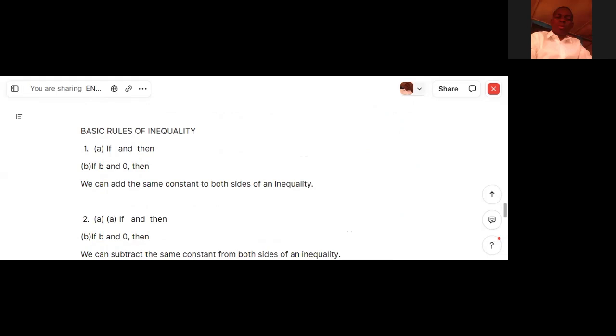We have supposedly number one rule that if A is greater than B, and such that C is greater than 0, then if you add C to the left-hand side and C to the right-hand side, the signs still remain the same. A plus C is still greater than B plus C.